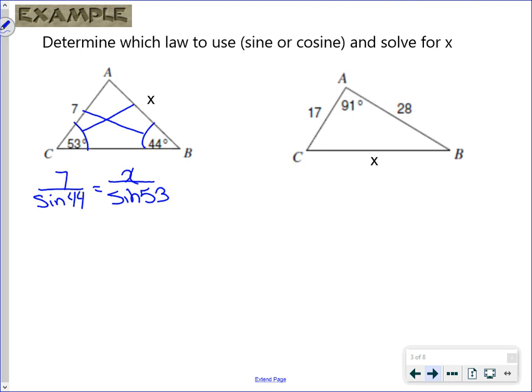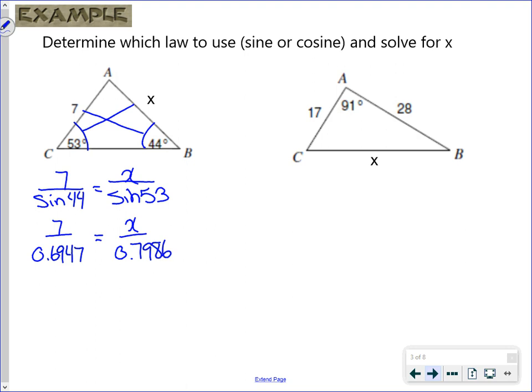Now we're going to calculate sine 44 and sine 53. So we'll get 7 over 0.6947, and this will equal x over 0.7986.